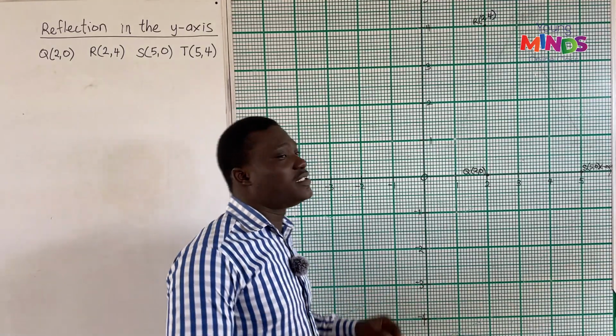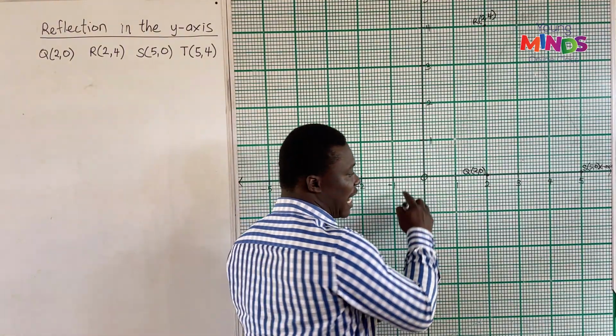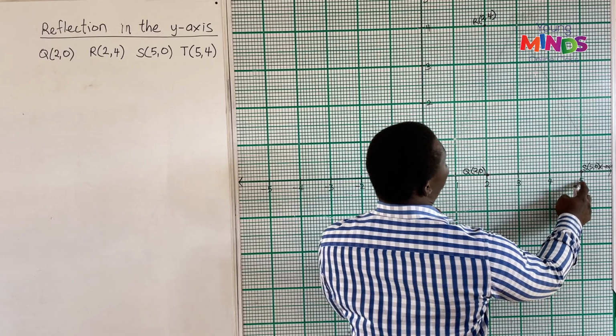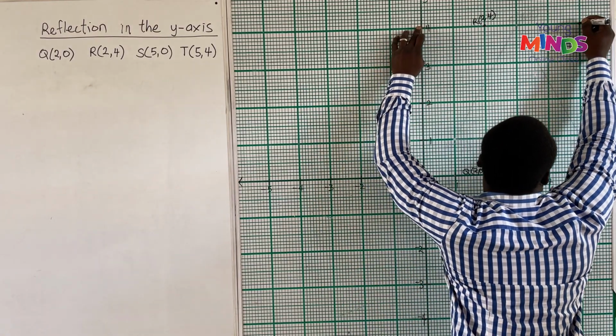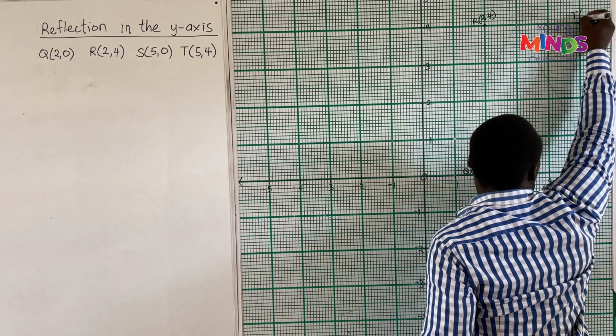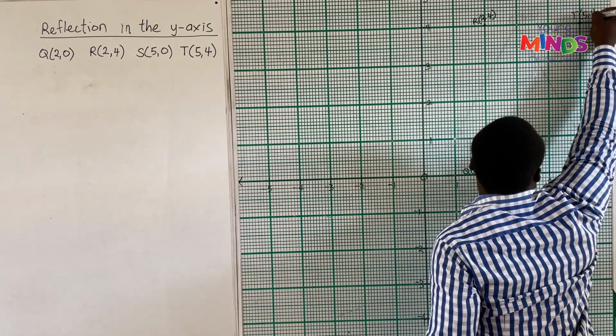Okay, the last point, T(5, 4). So 5 on the x-axis, 4 on the y-axis, and it meets here. T(5, 4).